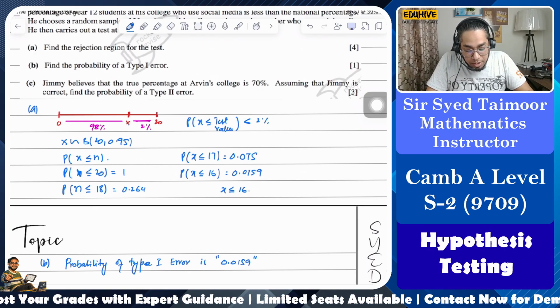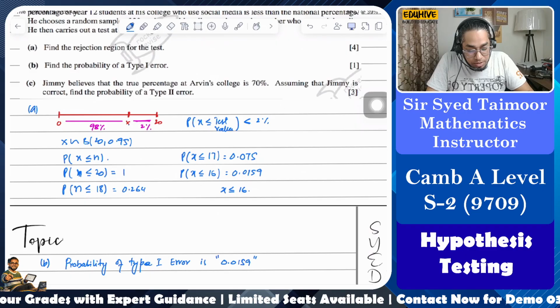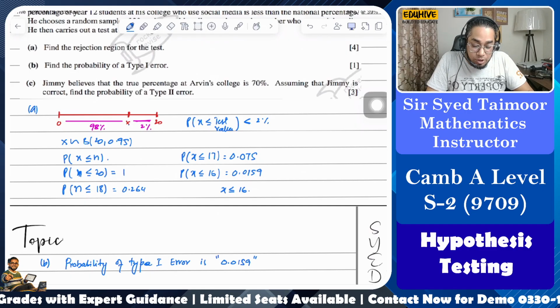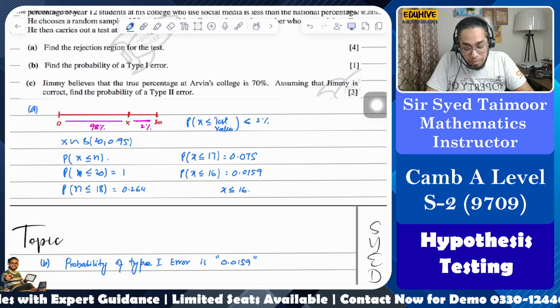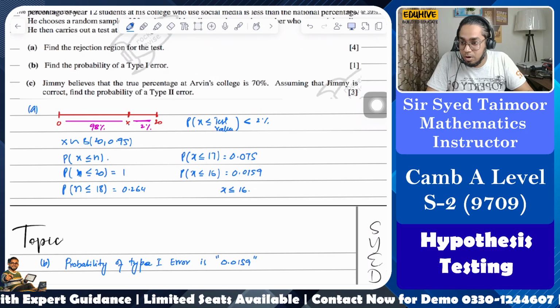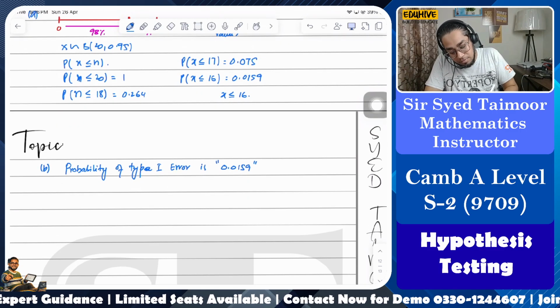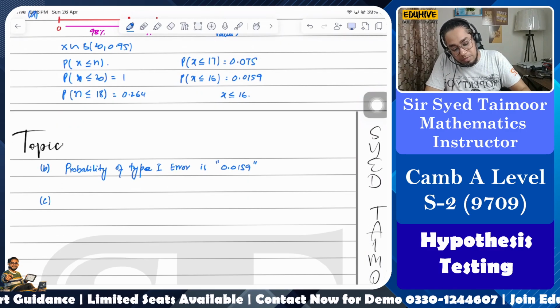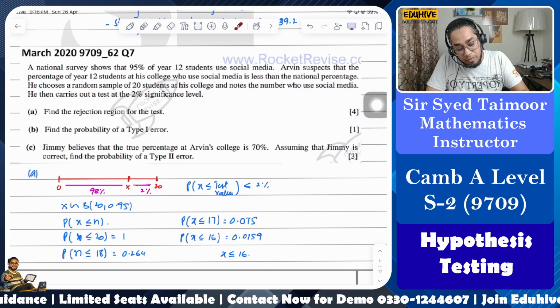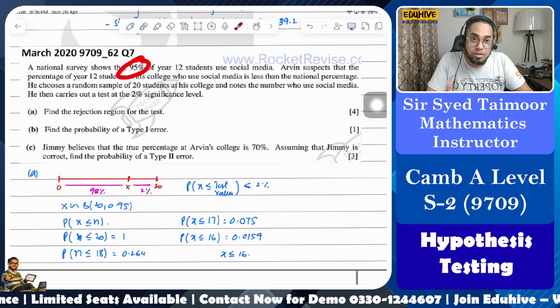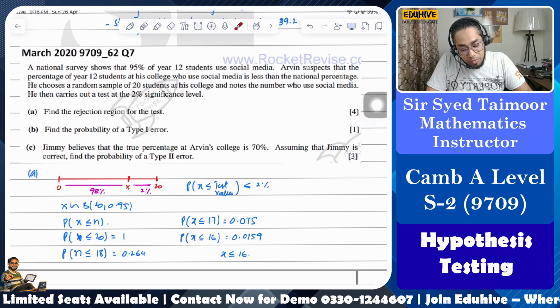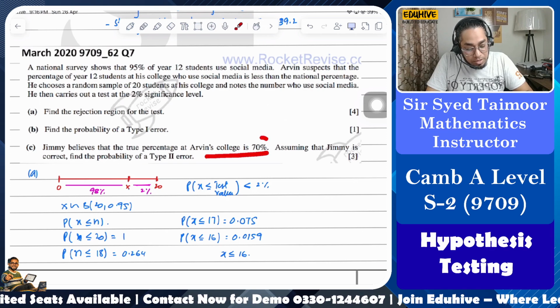Jimmy believes that the true percentage at Irvine's college is 70%. Assuming that Jimmy is correct, find the probability of type 2 error. It means that the probability you were just calculating was this one, 0.95. Now he is assuming that the college percentage is this one, 0.70.